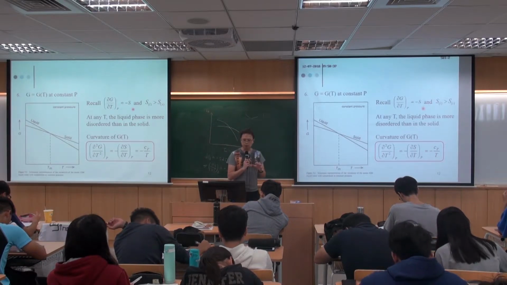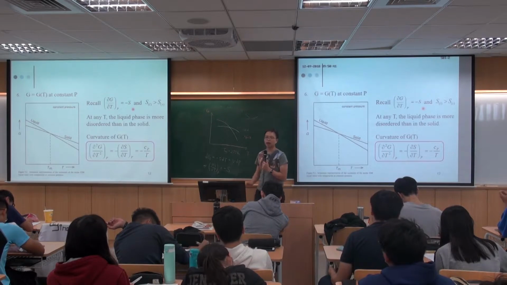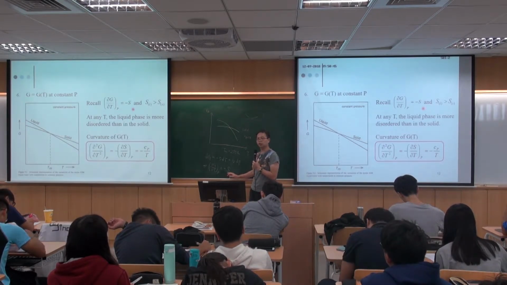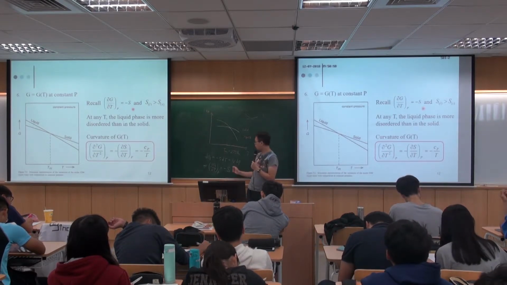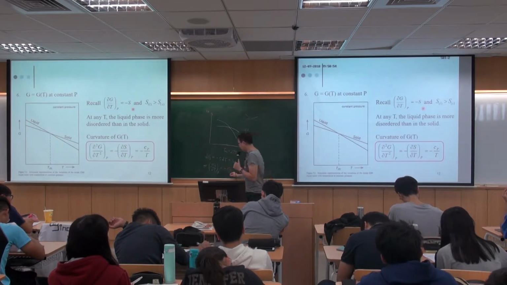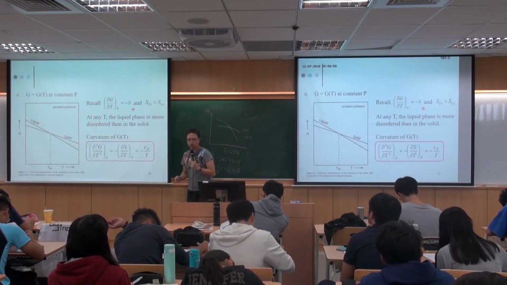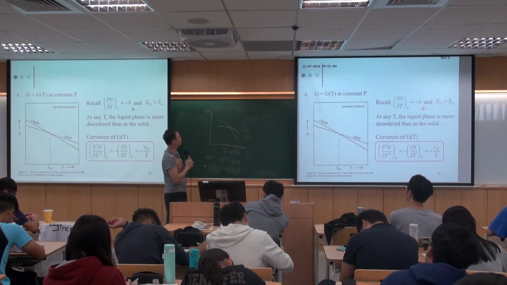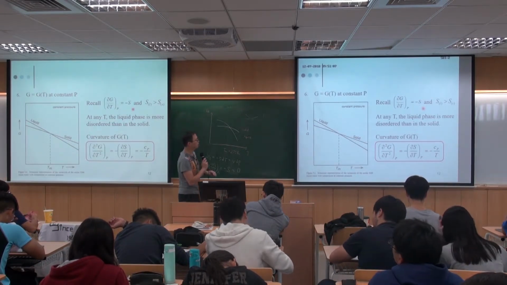So it should be a negative number, right? Because we know that entropy cannot be negative. Entropy itself, S of a substance, should always be positive. If you multiply that by negative one, then this number should always be negative. Which means that the slope of the curve that we plotted should always be negative.